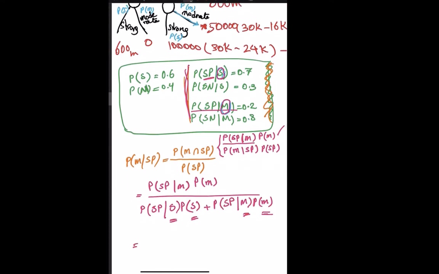Okay, so what is the numerator? Probability of SP conditioned on M is 0.2, multiplied by probability of M, which is 0.4. Plus probability of SP conditioned on S, sorry, my bad guys.